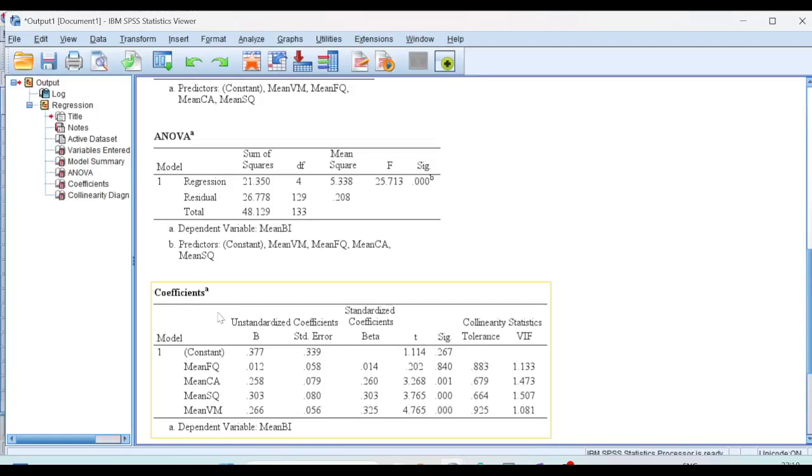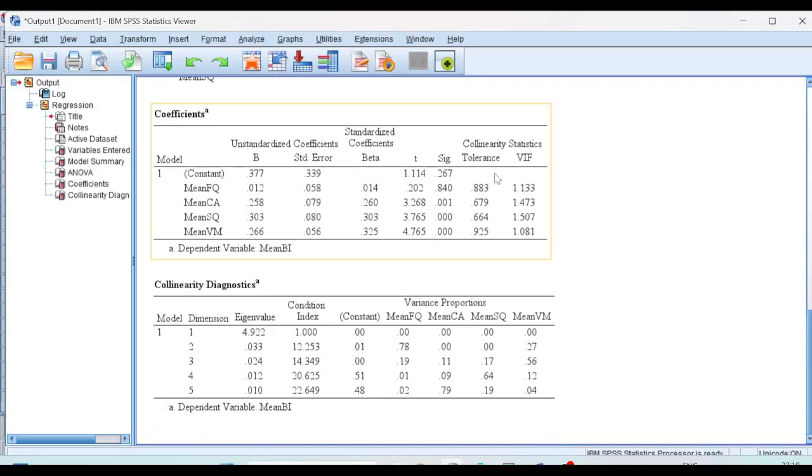You see here coefficients, tolerance and VIF values, variance inflation factor. The recommended threshold values say that VIF could be up to 10. Some strict thresholds say it could be up to 5.